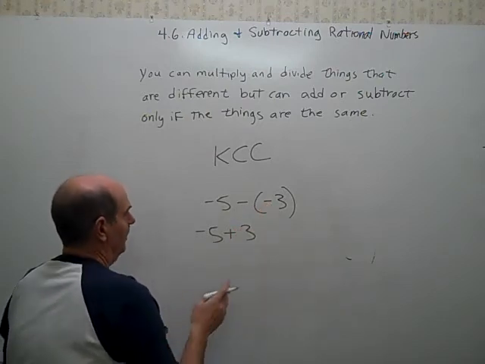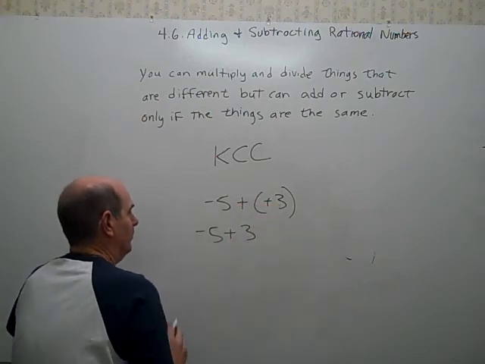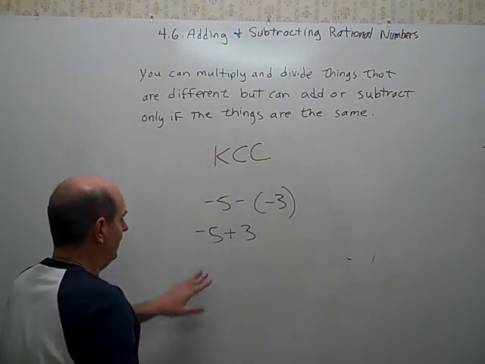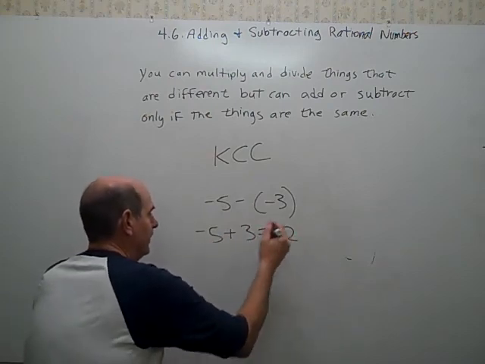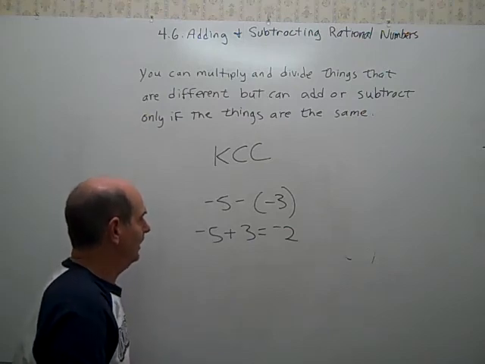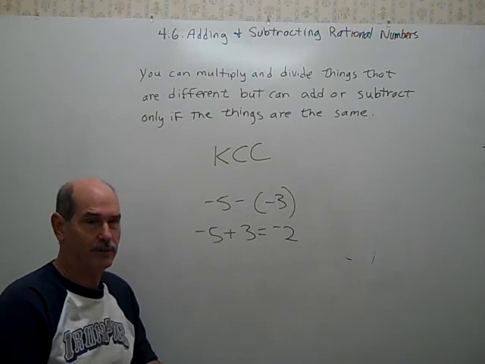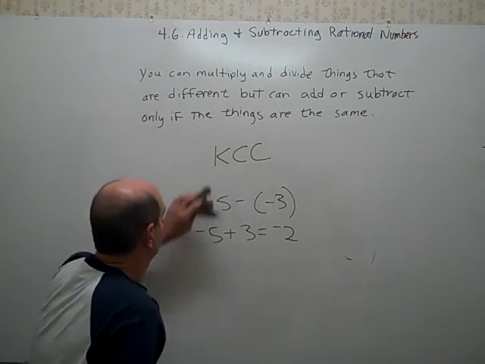I could easily have done it just like this, but I wanted to see what the original problem was. So now we have 5 negatives and 3 positives. We have 2 more negatives than positives, so that would be negative 2. So you can always convert a subtraction problem to an addition problem, just as in the previous section we changed division to multiplication.